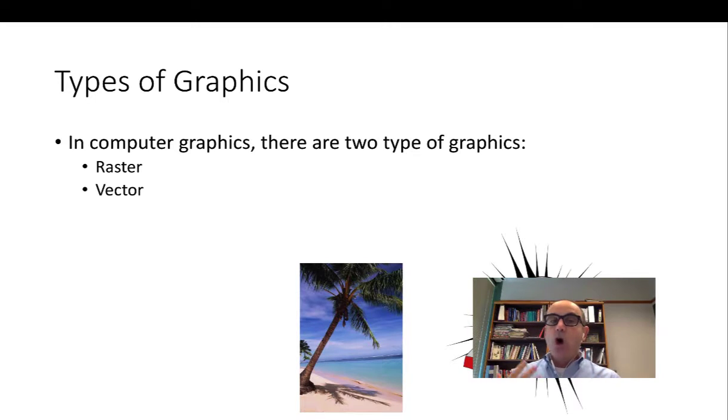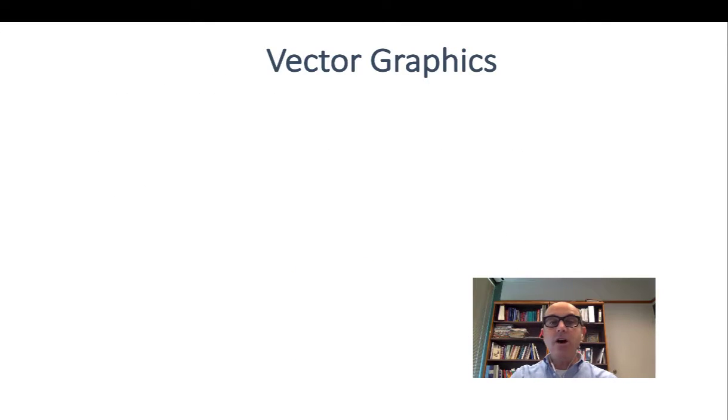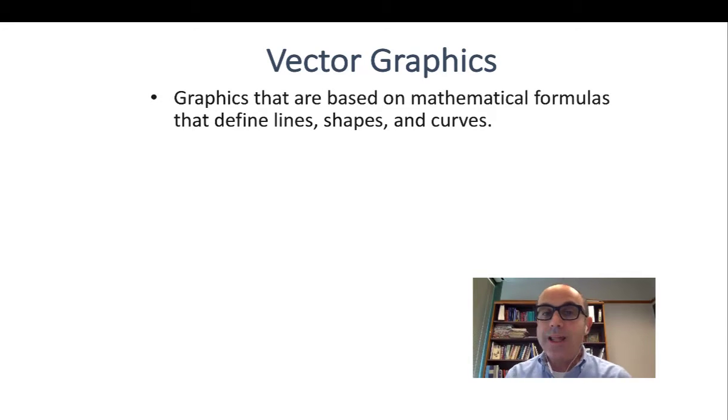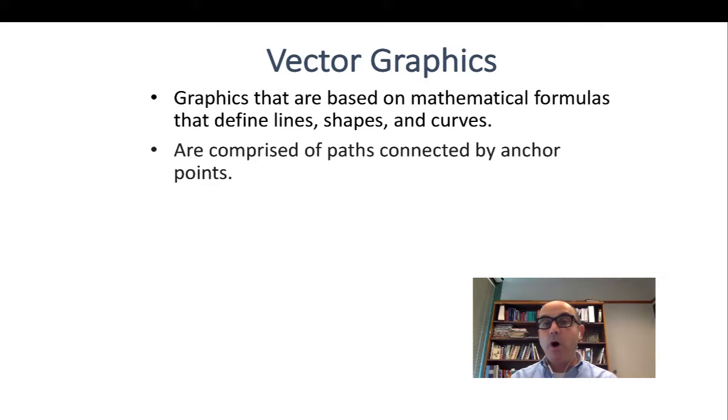In computer graphics, we have two types of graphics: vector and raster. Vector graphics are usually graphics based on mathematical formulas that define the lines, shapes, and curves. They are composed of paths connected by anchor points, which means they are attached to one another.